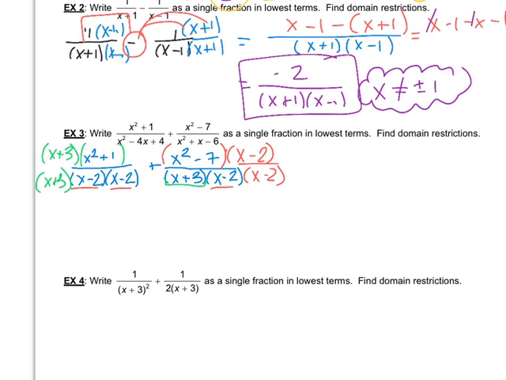So my first one, I'm going to start up here. X times x squared is x cubed. X times 1 is x. 3 times x squared. Hold on. I messed up.